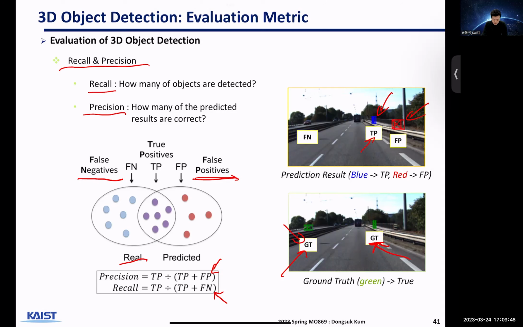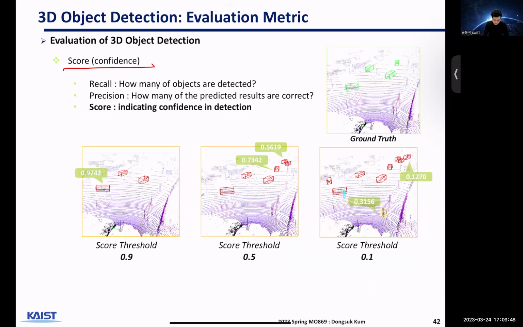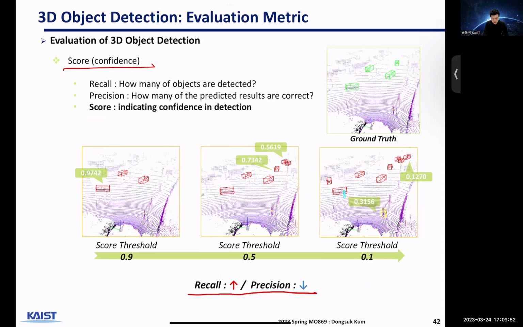Okay, so that's what this means. If you decrease the score when you apply non-maximum suppression, then you can increase recall but decrease precision. So it's tricky how we need to evaluate the performance of these models.